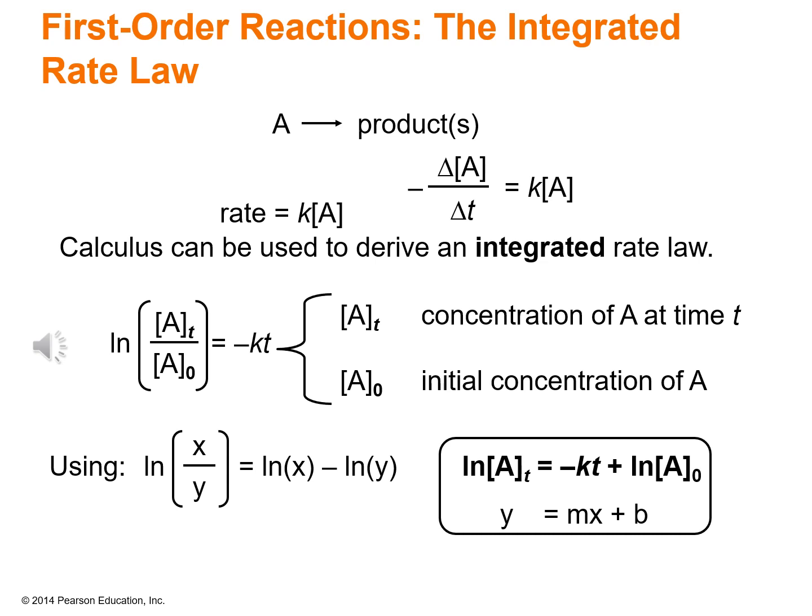The integrated rate law for the first order reaction is another form of showing a rate law, in which natural log of the concentration of A at time t over the initial concentration of A is equal to minus kt.